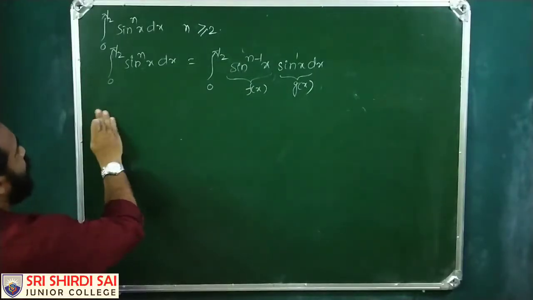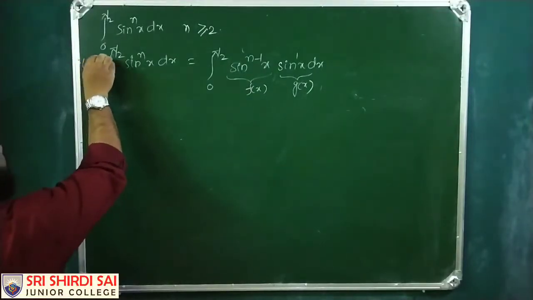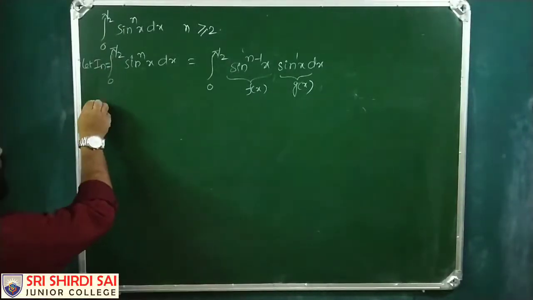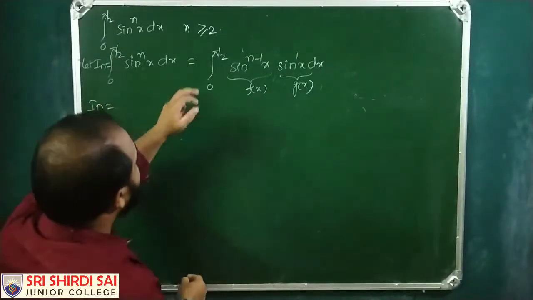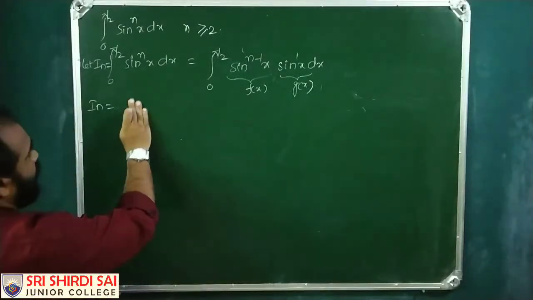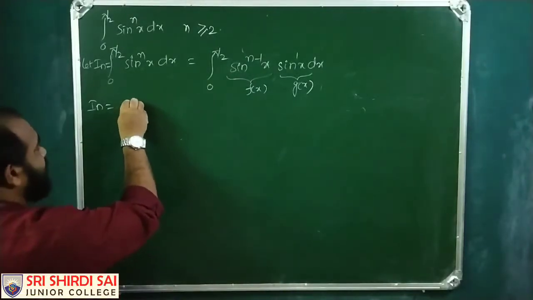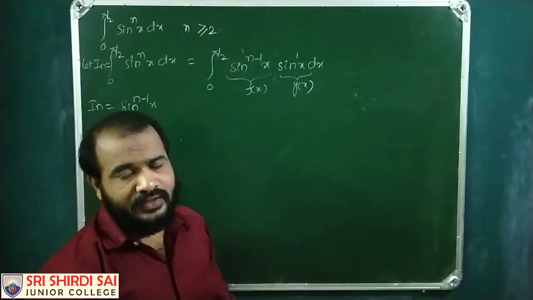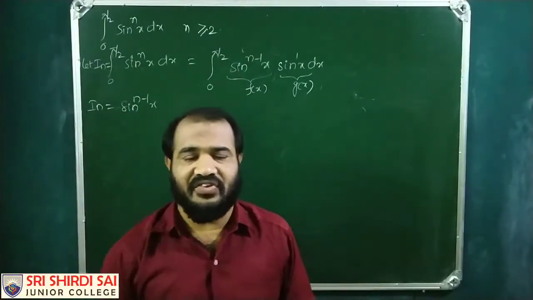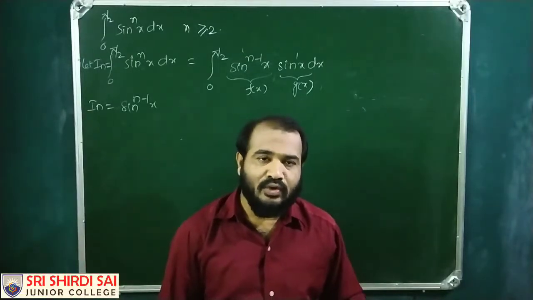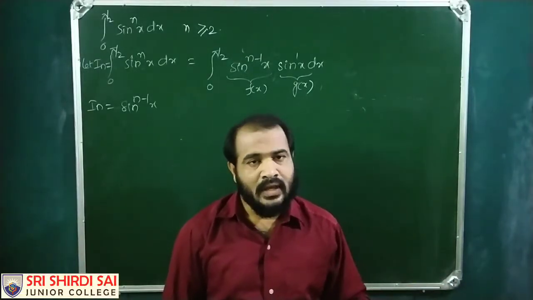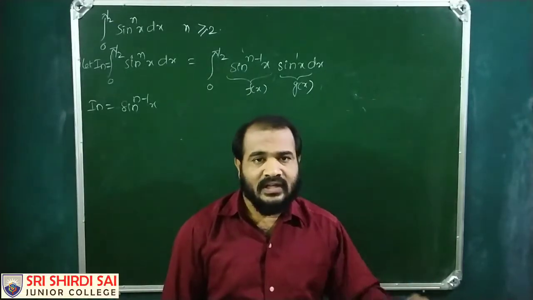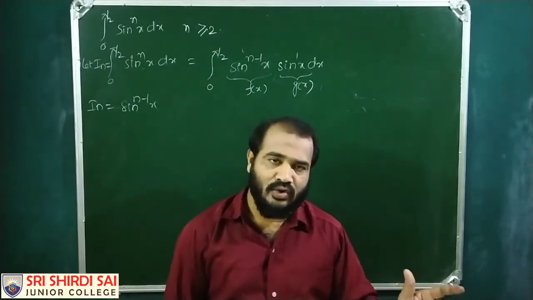I'll call this In. So In is equal to integral 0 to pi by 2. Remember, integral f of x into g of x dx is equal to f of x into integral of g of x dx, minus integral of d by dx of f of x into integral g of x dx, whole dx.